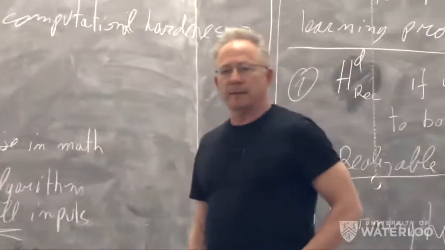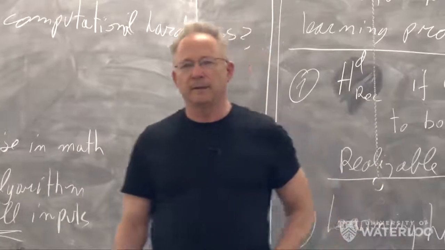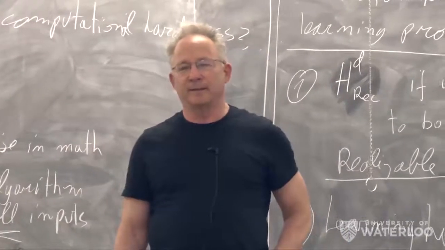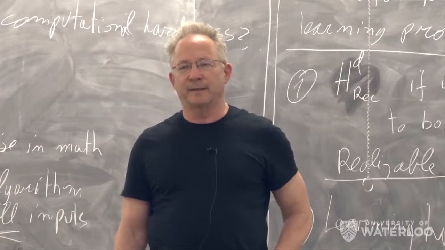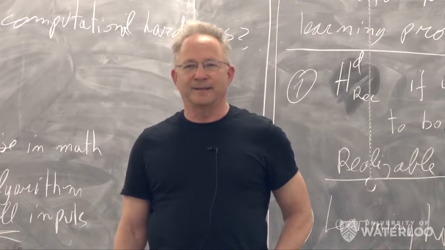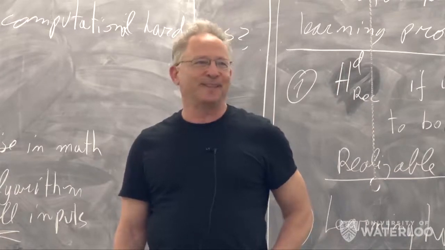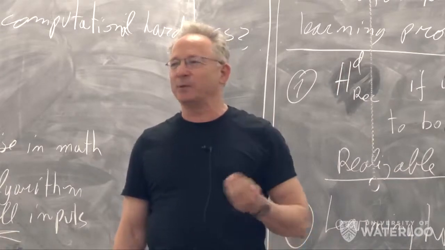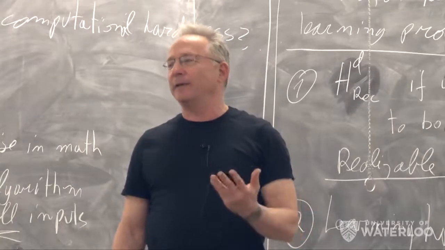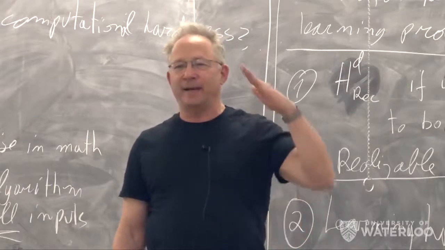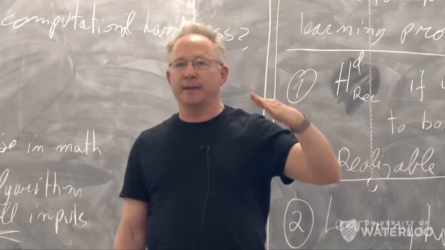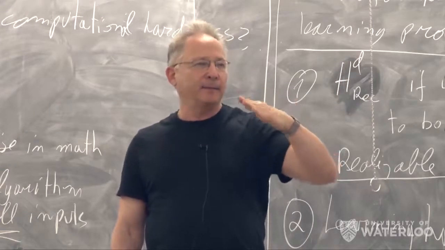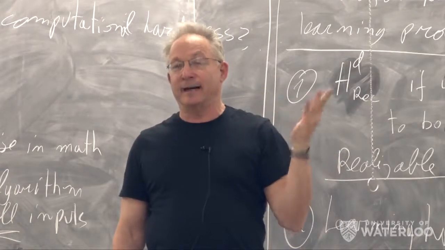Yes? If learning half spaces is easy in the realizable case, why is learning rectangles hard in the realizable case? Yeah, that's a very good question. Let me just repeat the question so that everybody will hear. How can it be that finding a half space in the realizable case is easy, but finding a rectangle is hard?